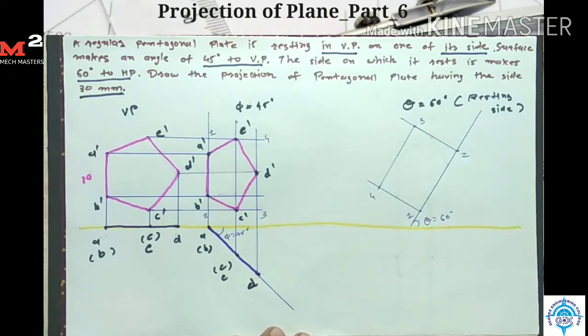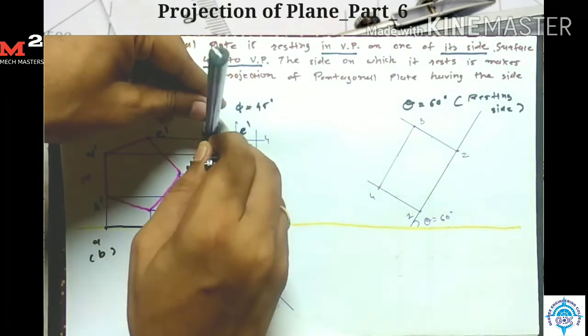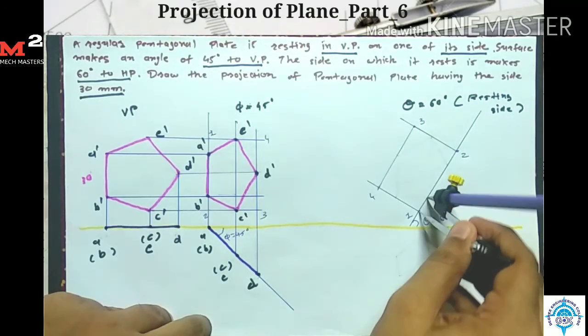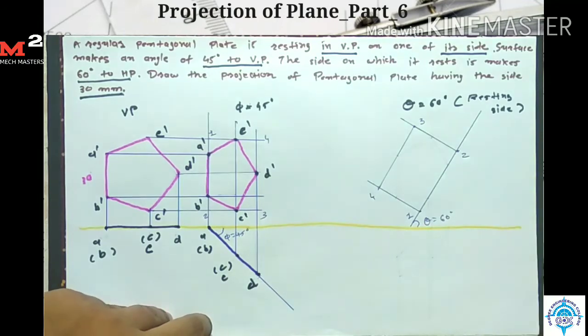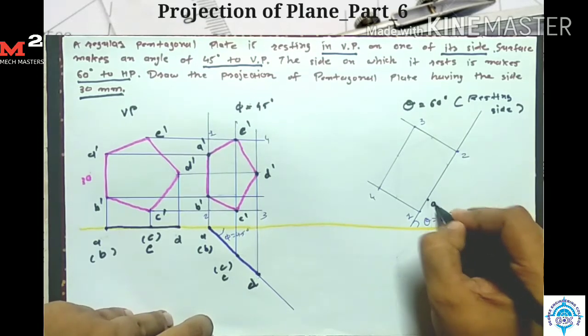Okay, now I draw this pentagon in this rectangle box. For that, first I measure the distance 1 A dash. Okay, now I take 1 as a center and 1 A dash as a radius, and I draw one arc here. Okay, so here I get my point A dash.